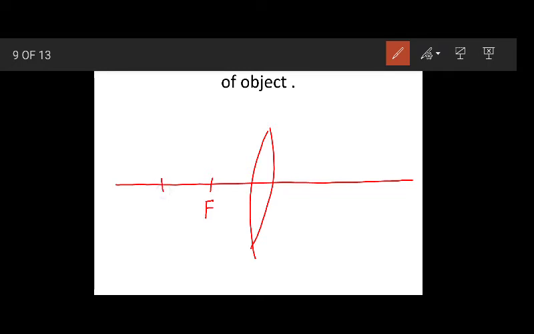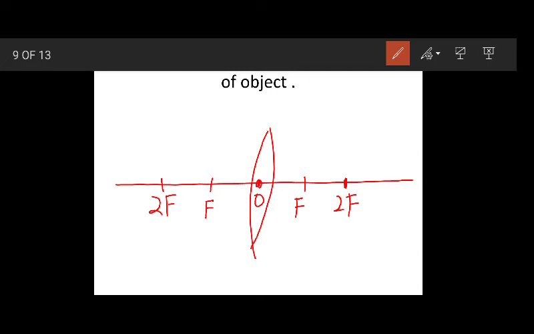This is the position of 2F, and again on the opposite side, principal focus, I mean the distance from the optical center, focal length, and this is the 2 focal length, twice of focal length.